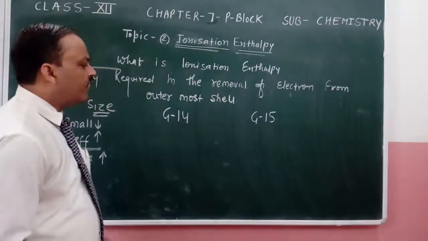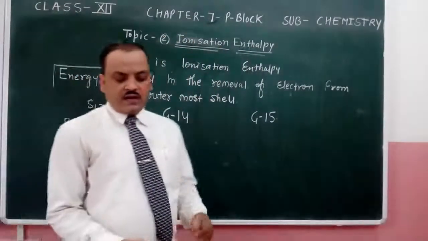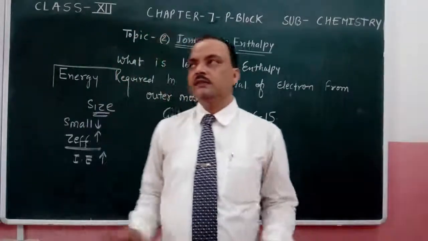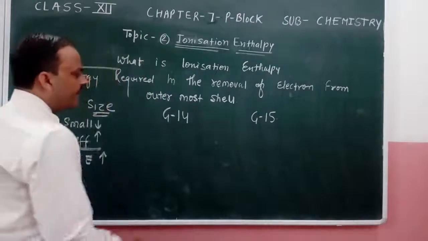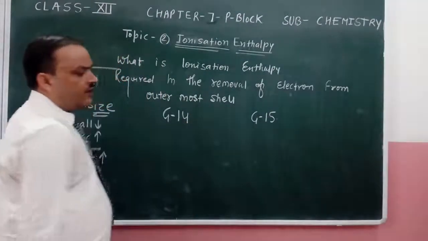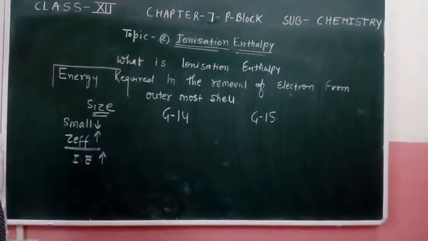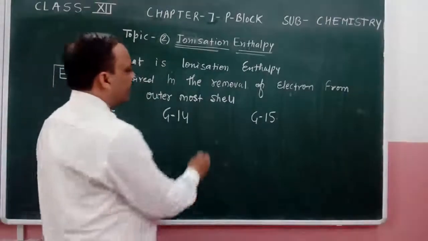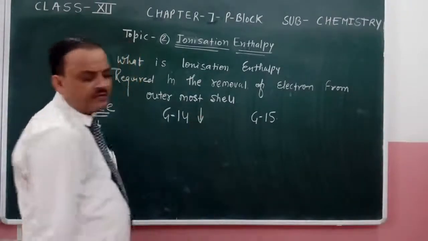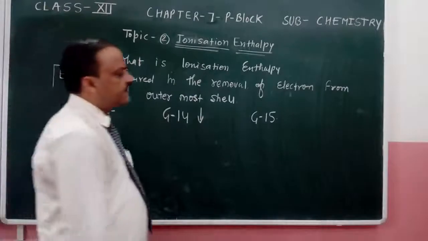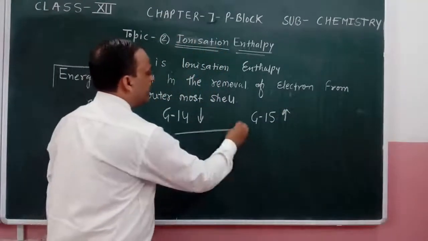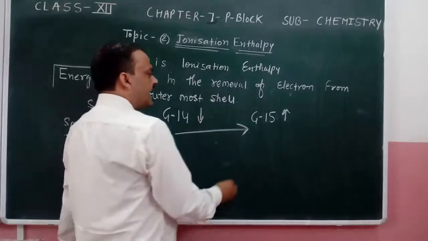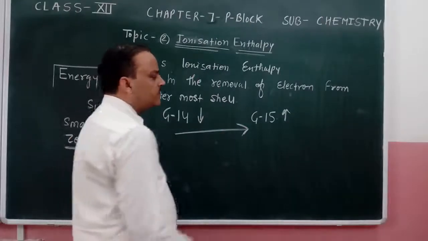So when we compare both groups, group number 14 and group number 15, the value of ionization enthalpy decreases for group number 14 and increases for group number 15, because when we move in this direction, the size will become small.